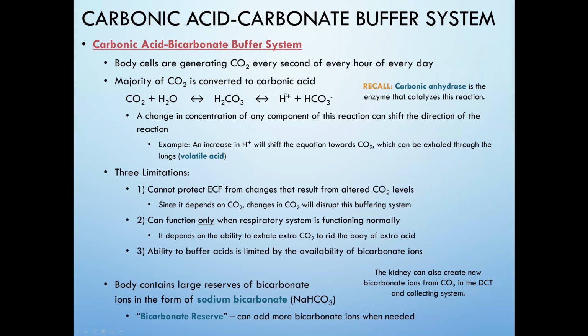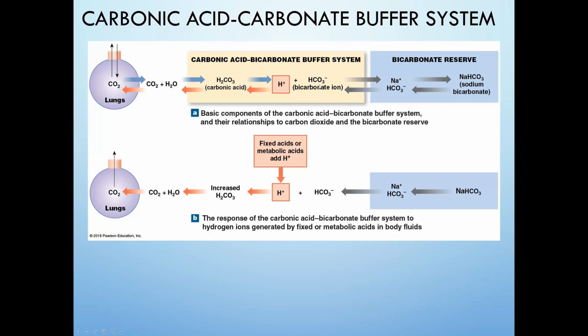So this figure from your textbook reviews the carbonic acid carbonate buffer system. So again, we have the conversion of carbon dioxide and water to carbonic acid, which can dissociate into hydrogen and bicarbonate ions. So the bicarbonate ions can be put into reserve by combining them with sodium to create sodium bicarbonate. And remember that these equations can move in both directions. So in the case where you have the presence of acid, so you're adding hydrogen ions, you can pull up the bicarbonate ions from your reserve.